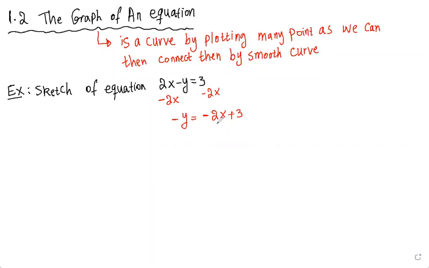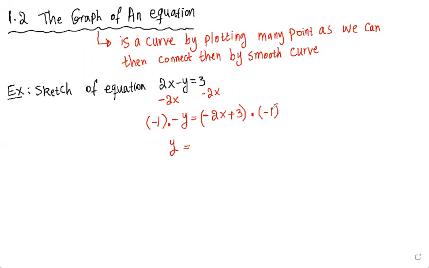Then what do we have to do? We divide all the equation by minus 1, or we multiply all the equation by minus 1 for both sides. So let me multiply by minus 1 for both of the sides. So minus 1 times minus y gives me what? Positive y.